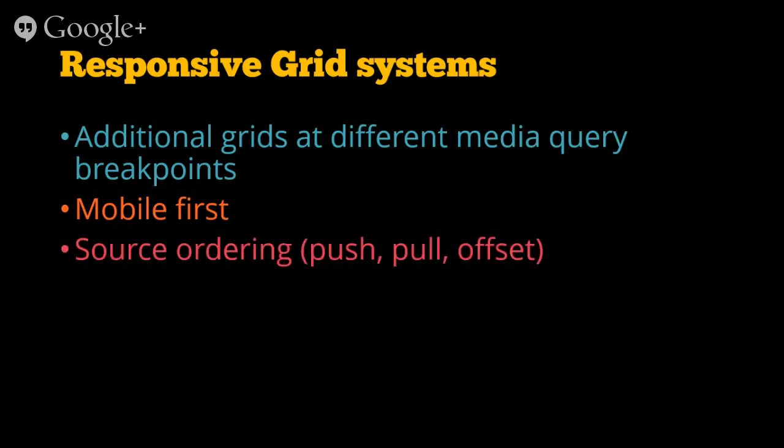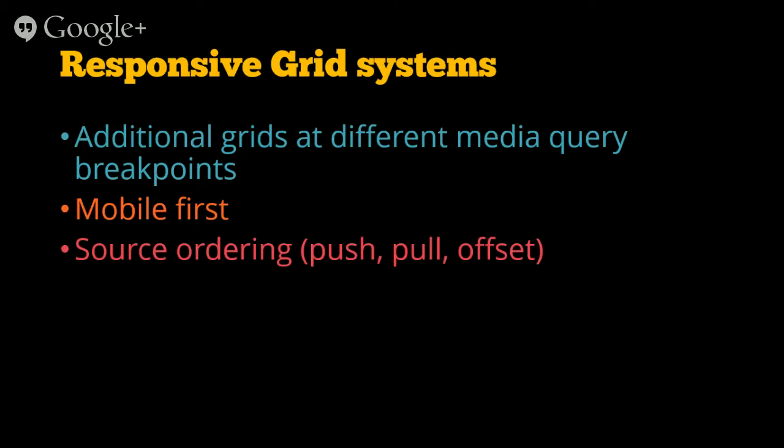And another great requirement and solution that was provided by these responsive grid systems is that you had to change the way your content is ordered. So if I have a sidebar and a content area on my large screen, and then when I go into a smaller screen, I want the content area to appear first.